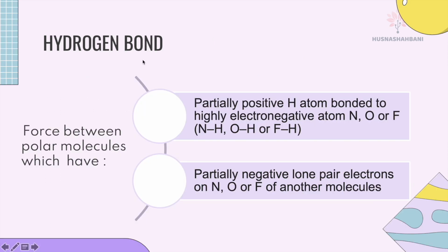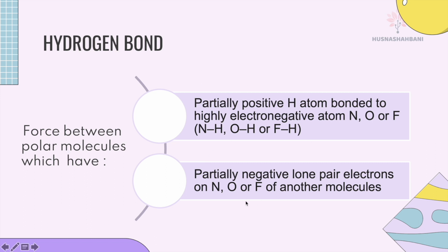Next is hydrogen bond. Hydrogen bond is the force between polar molecules which have these two conditions. First one, a partially positive hydrogen atom bonded to a highly electronegative atom N, O or F. So this hydrogen atom bonded to N or bonded to O or bonded to F, hydrogen bond will exist when it follows this condition.